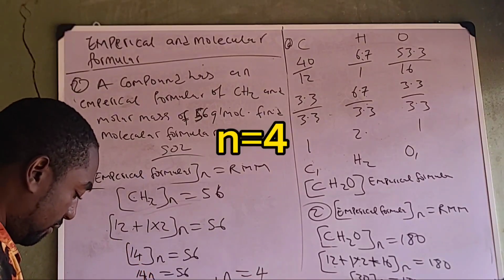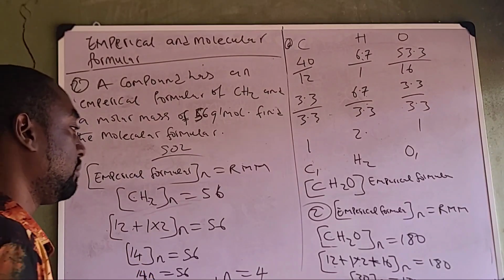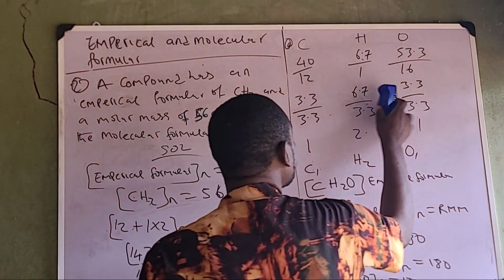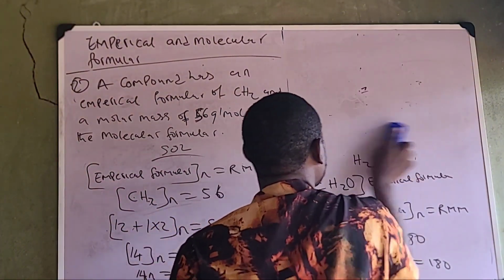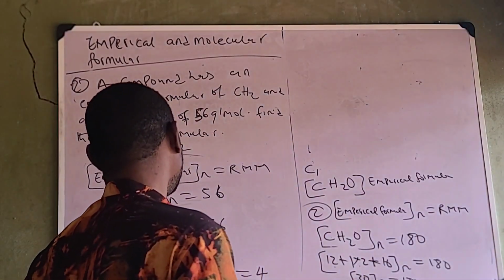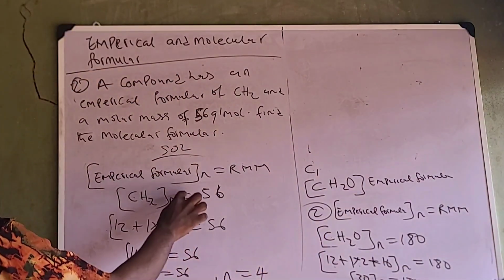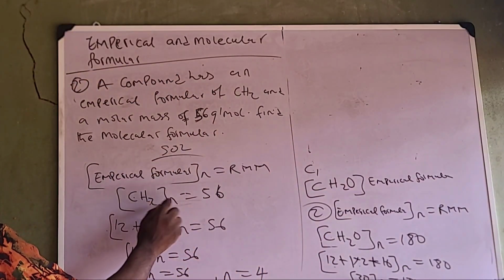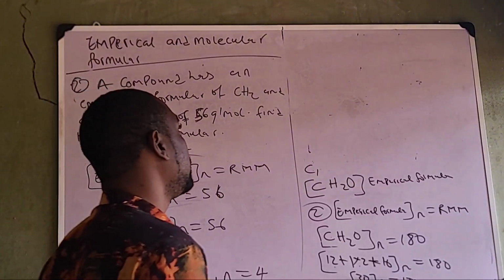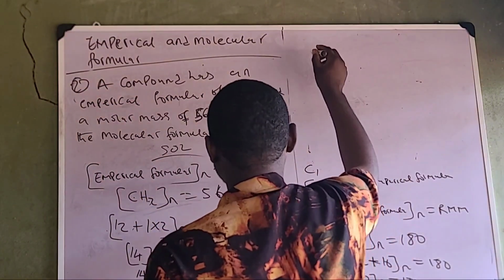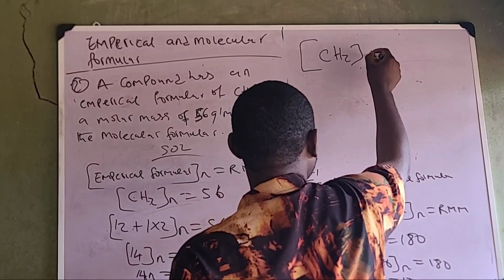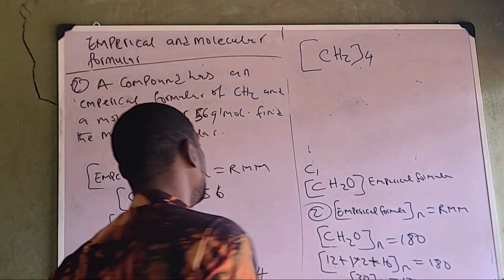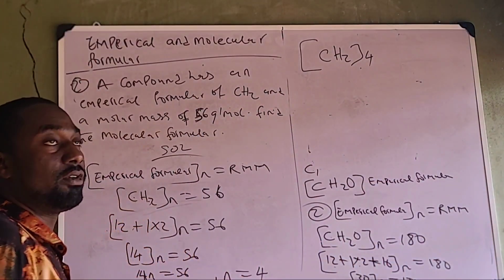As our n is 4, what you go do is you go come carry this one and replace n with 4. So you go write CH2 bracket. Instead of writing n, you go write 4. So you don use 4 replace n.